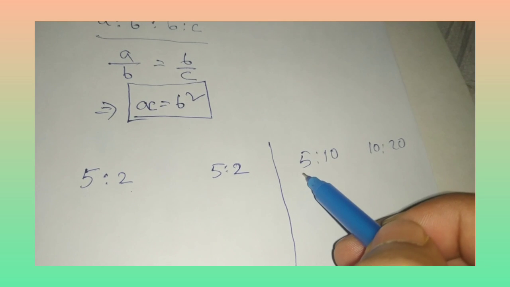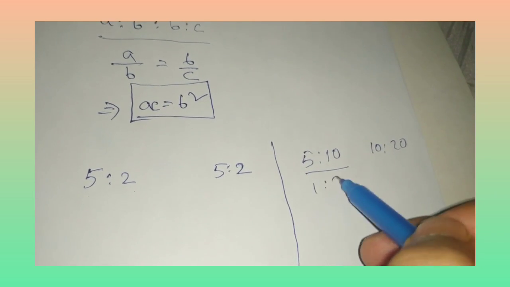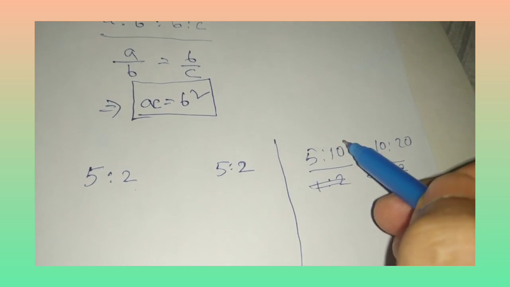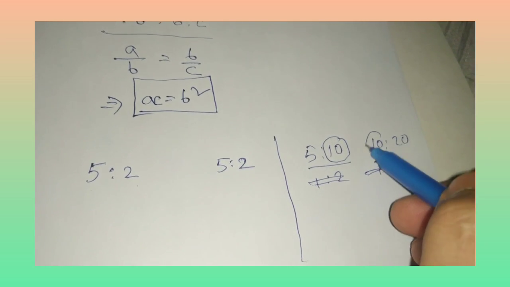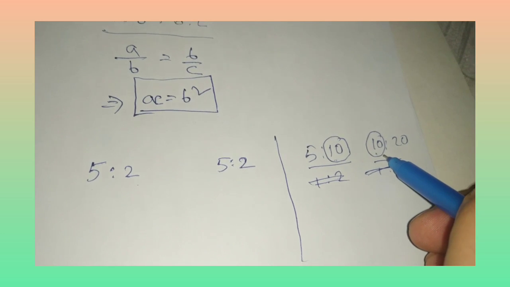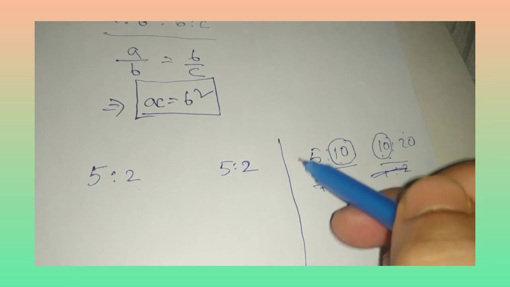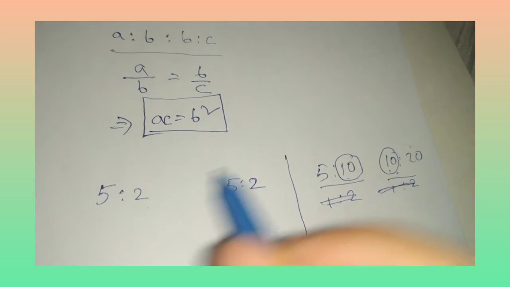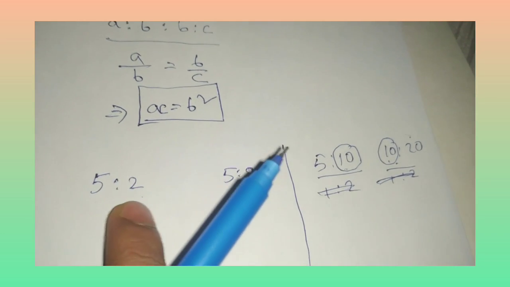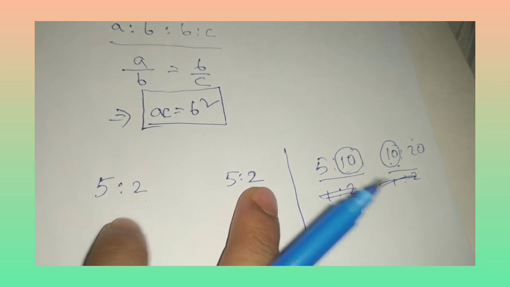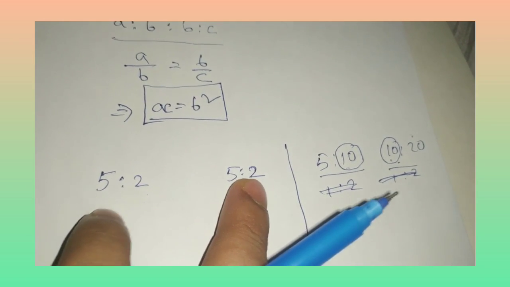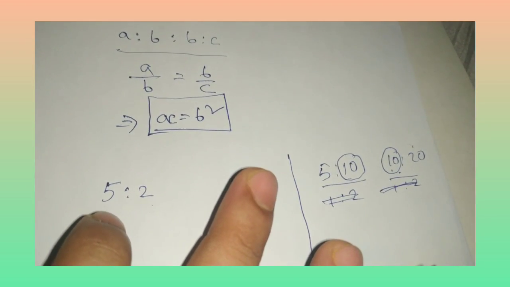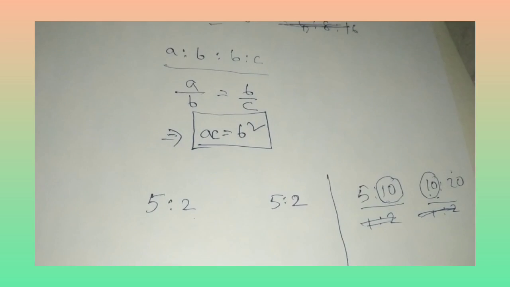You see, 5:10 means 1:2 over here, and this is also 1:2. But the difference is, over here the second and the third quantity are the same. This is when we call them continued proportion. Normally in a proportion, when we consider two ratios, the ratios will be the same, but not necessarily the second and the third quantity. So that's the difference.